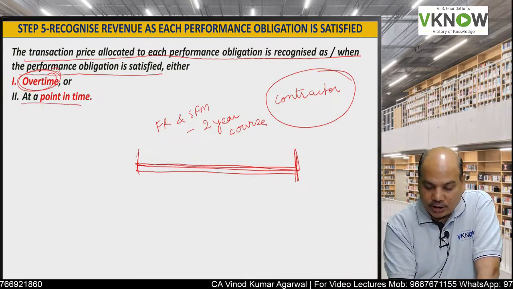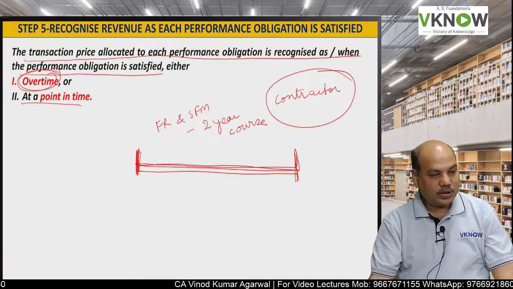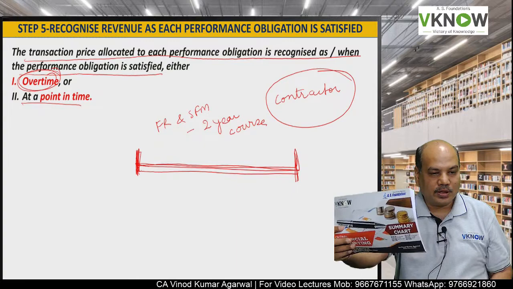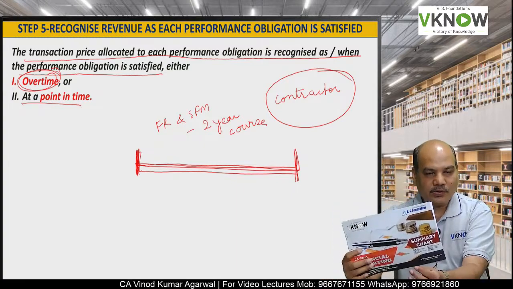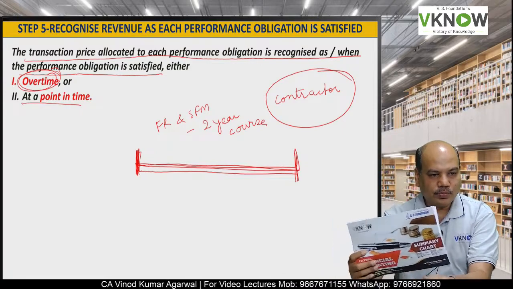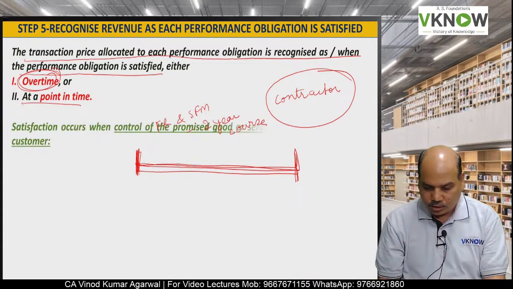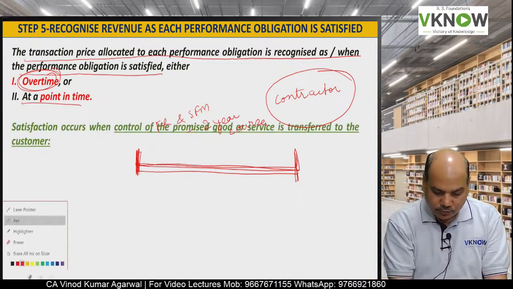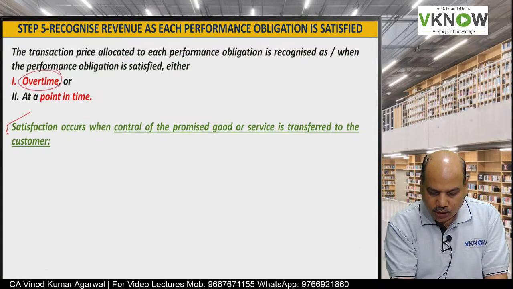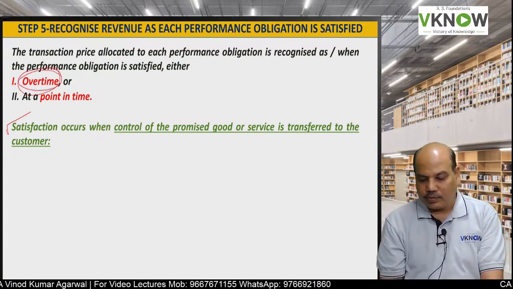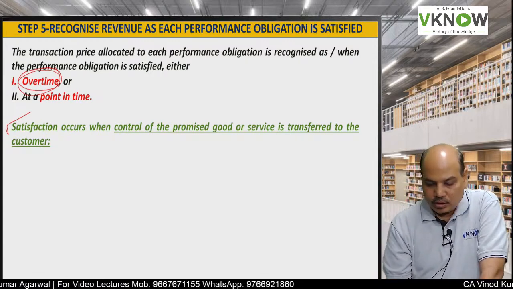At a point in time means immediately the revenue will be recognized. You will say, sir, I want to buy this summary chart book. I say, welcome. You pay the price, I deliver the book to you, and I will recognize the revenue. That is called at a point in time. Now, for exam purpose, when will you apply the satisfied over time basis for revenue recognition?